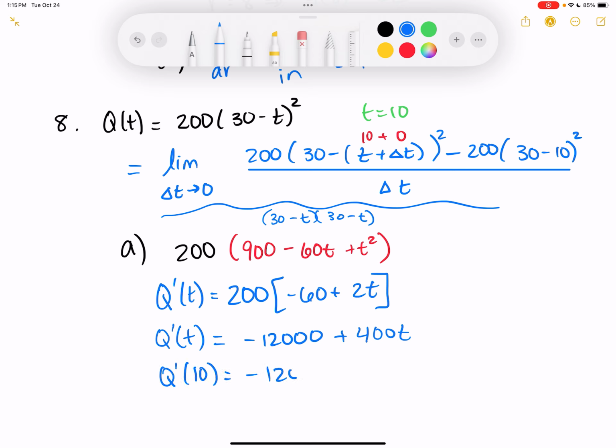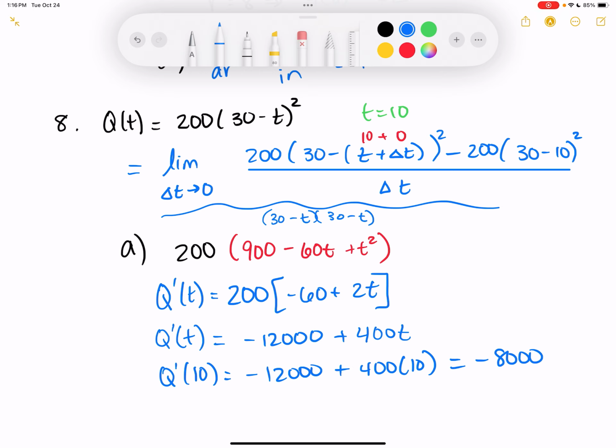So negative 12,000 plus 400 times 10 is going to be negative 8,000. And this is the rate at which it's running out, which is why it's negative.